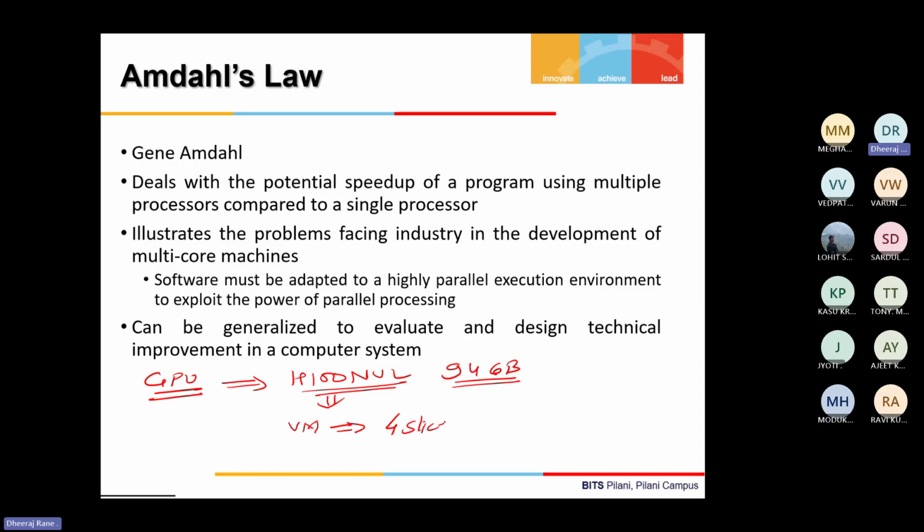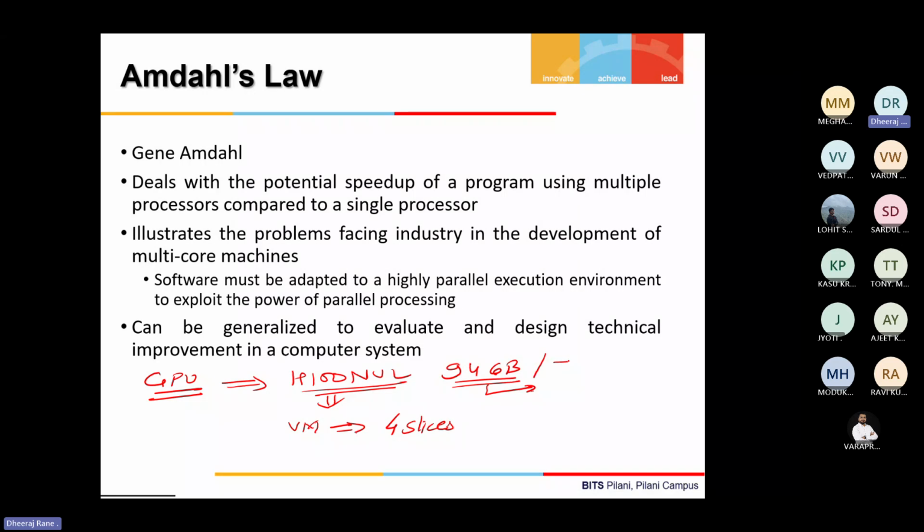NVIDIA allows us to slice the GPU and allocate each slice as a separate workspace. This 94 GB can be sliced into a maximum of 7 slices. So with 7 slices, it will be around 13 point something GB per slice, right?